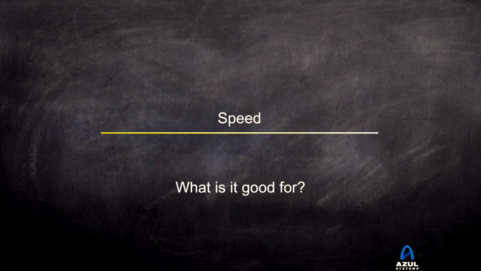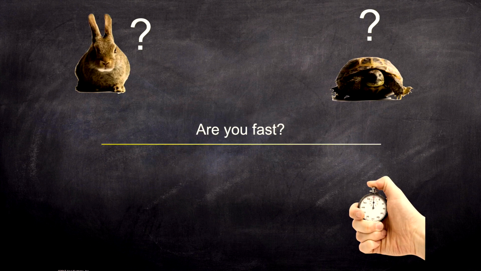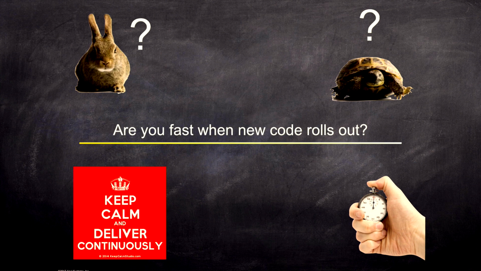I'm going to look at the shape of speed a little bit to explain where there's room for improvement. In general, when you look at speed, everybody wants it to be fast, right? You want good speed, but what is speed and when do you need it? And when do you need to be fast? So are you fast all the time, or are you fast only when you're not delivering software? What if you deploy software 20 times a day?